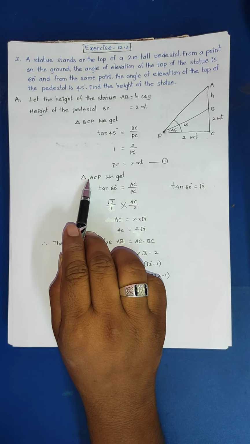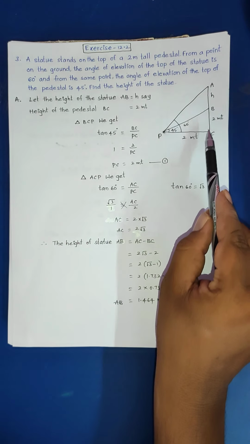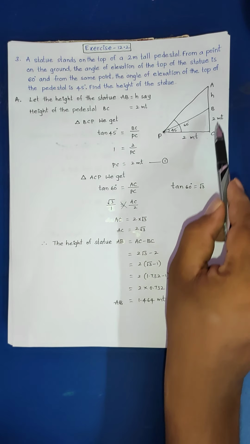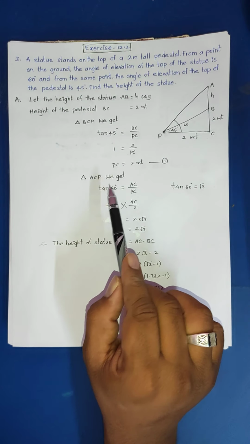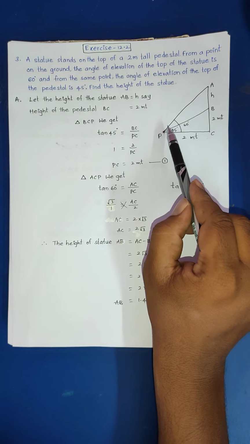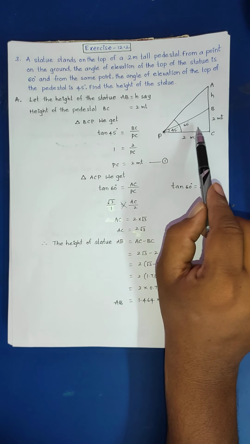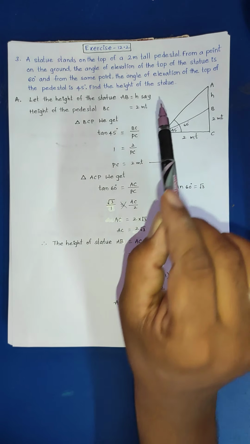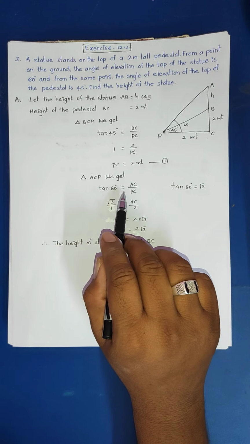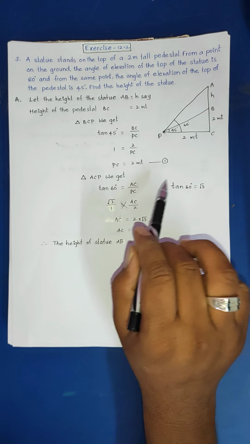Again, triangle ACP. Now this time the big triangle. We get tan 60 degrees. This is the elevation angle from the observer to the top of the statue, 60 degrees. Now tan means opposite side by adjacent side.